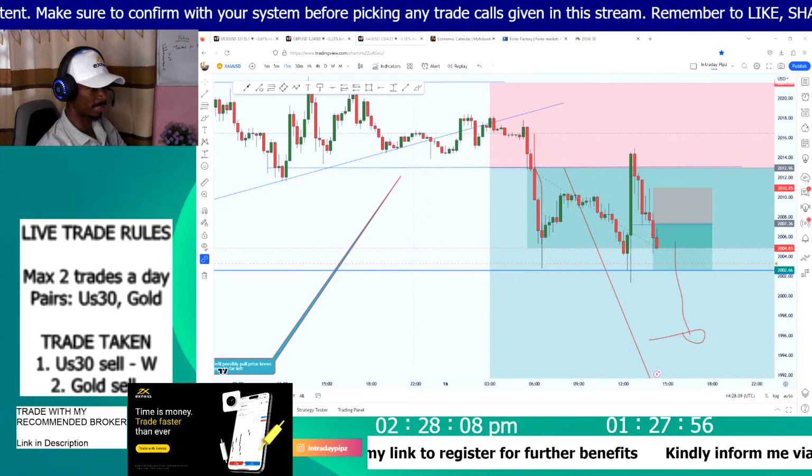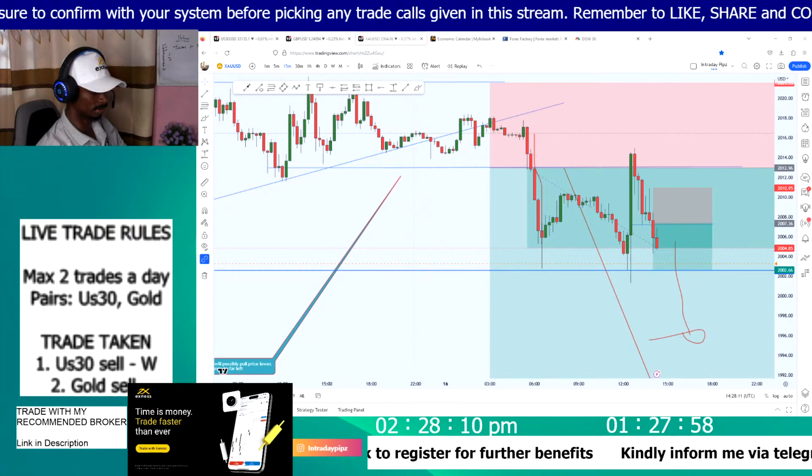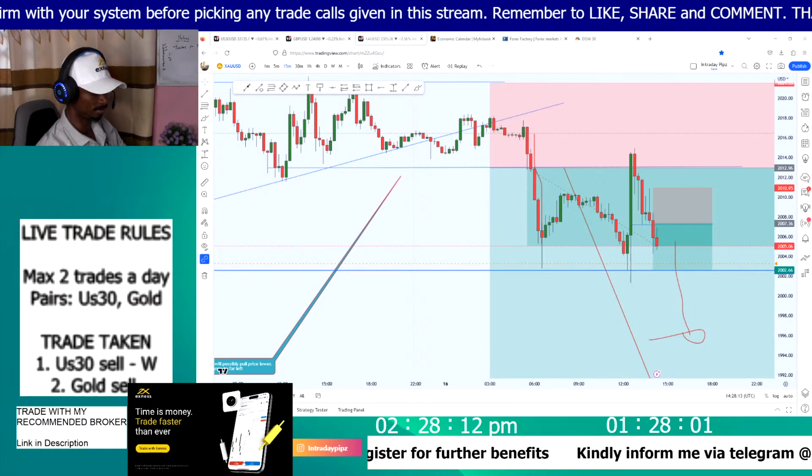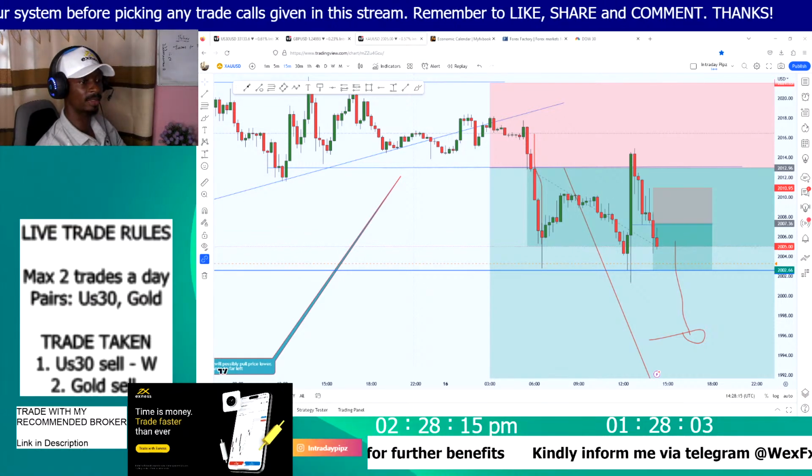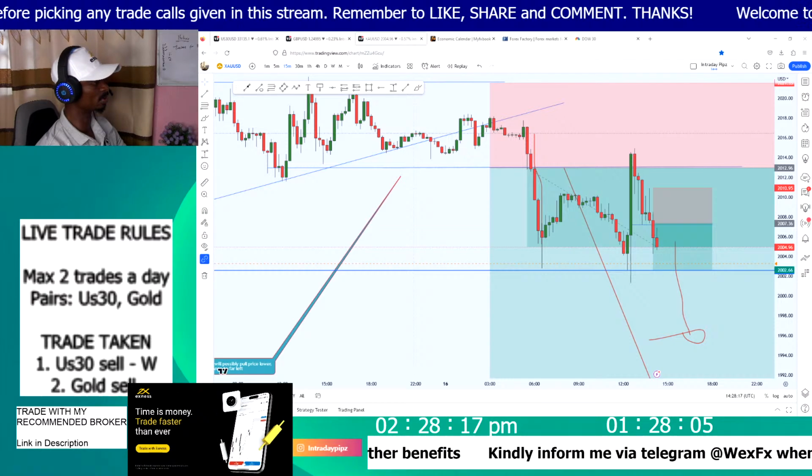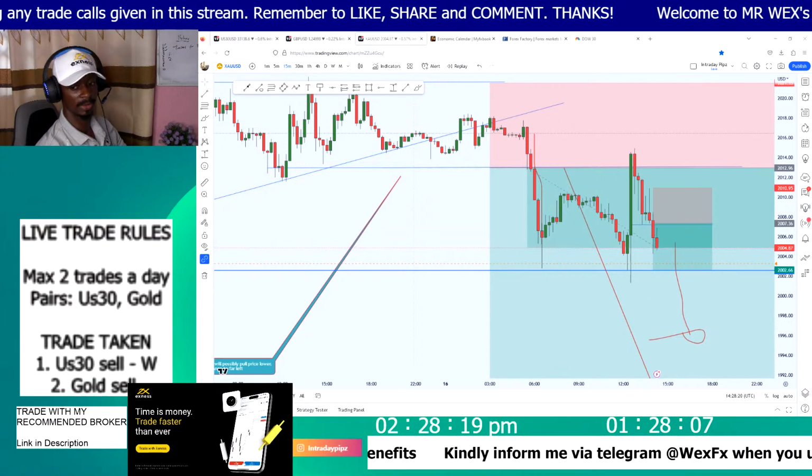Alright, so it's trying to drop. So let's see. 2 minutes for this 30 minutes candle to close. Let's see how it goes.